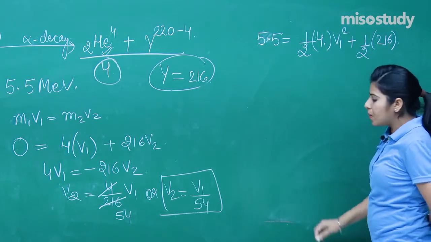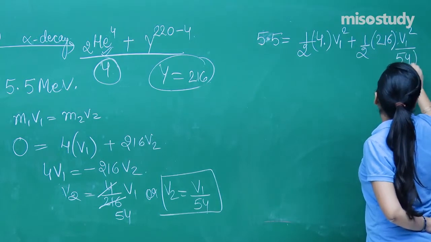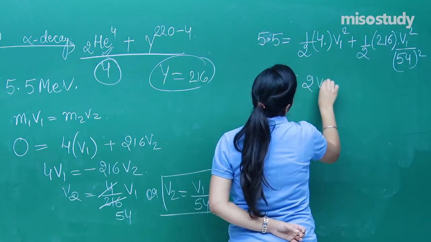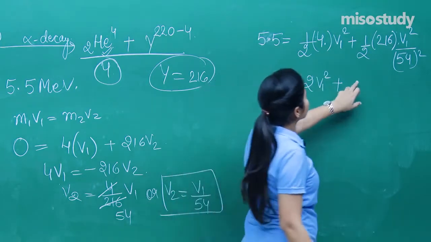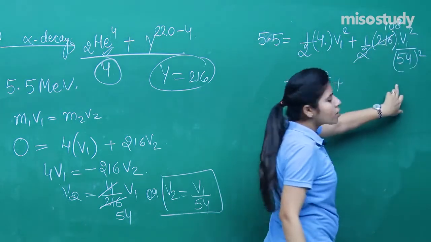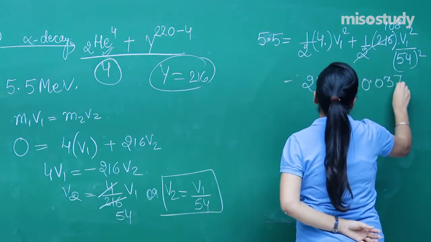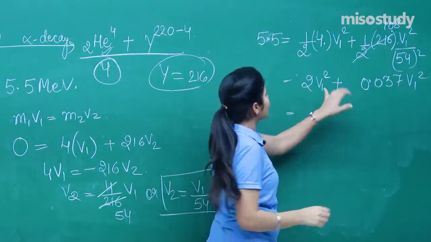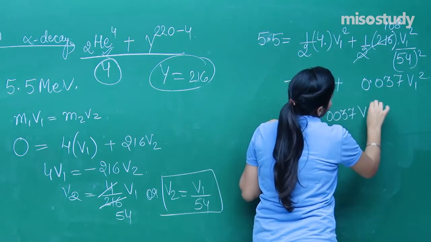Your V2 square will be V1 square divided by 54 square. If you solve this, finally you will have 2.0037 into V1 square.